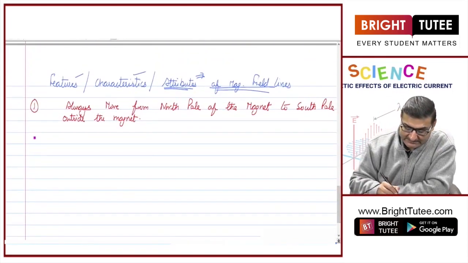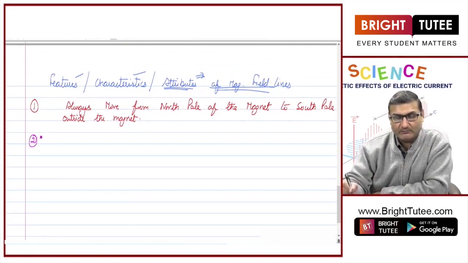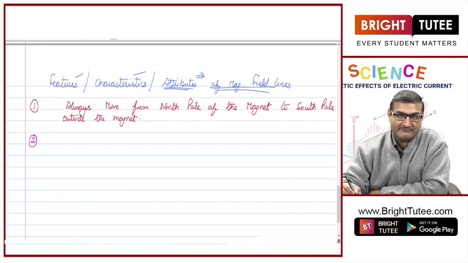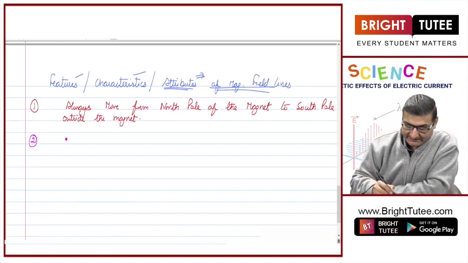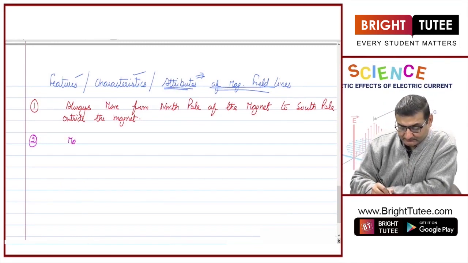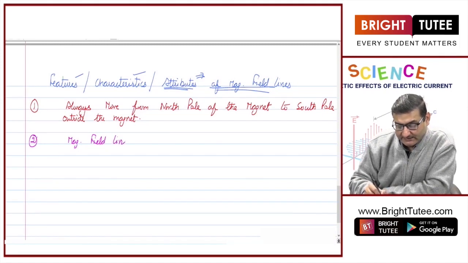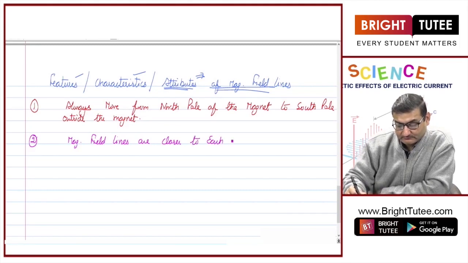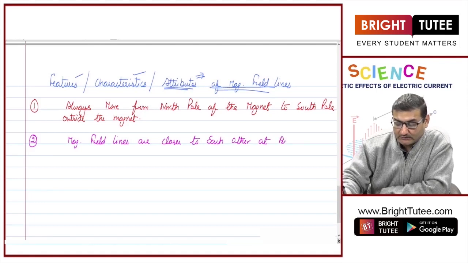Let us see what exactly is the second attribute or second feature of magnetic field lines. These magnetic field lines are closer to each other at both the poles.